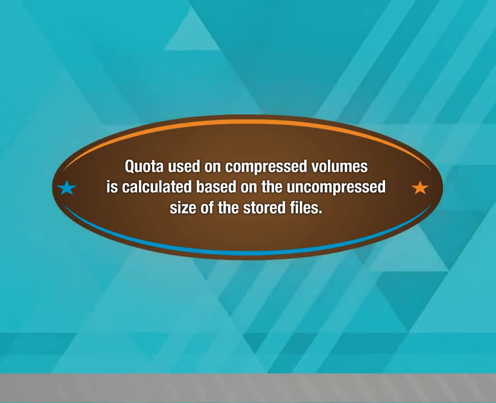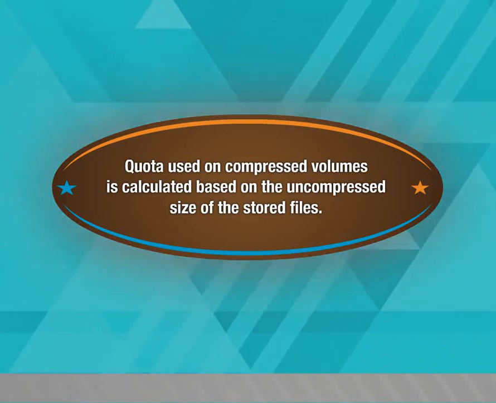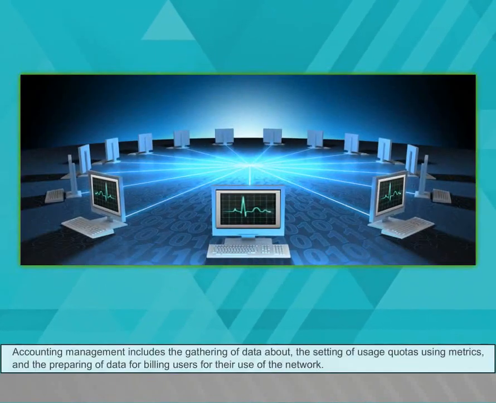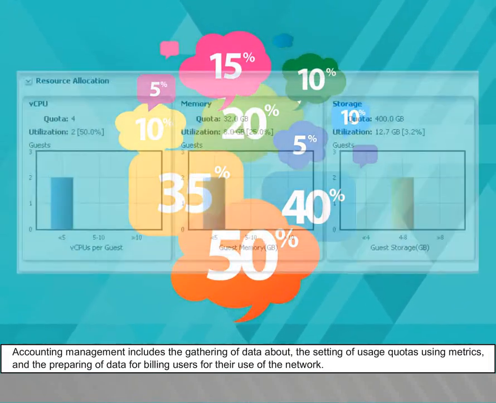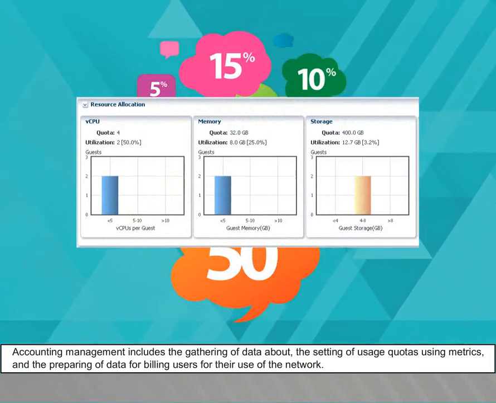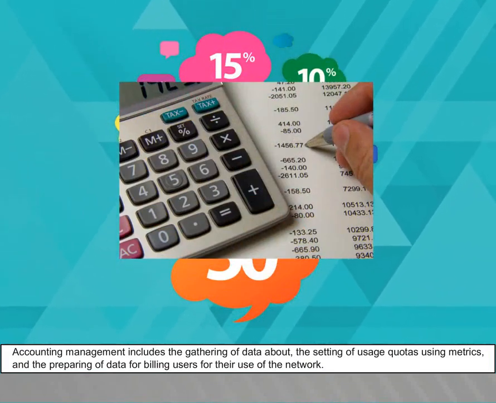Quota used on compressed volumes is calculated based on the uncompressed size of the stored files. Accounting management includes gathering of data about utilization of network resources, the setting of usage quotas using metrics, and the preparing of data for billing users for the use of the network.